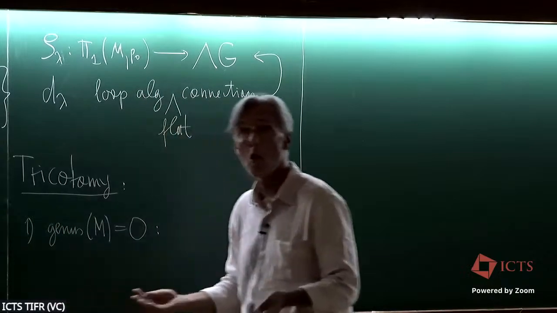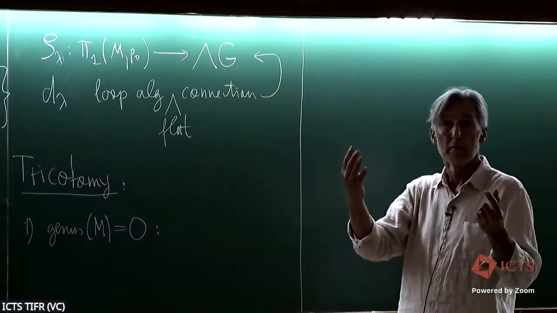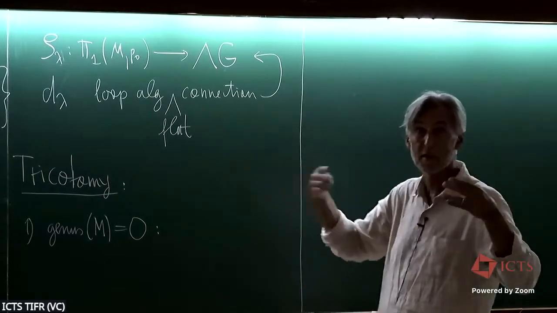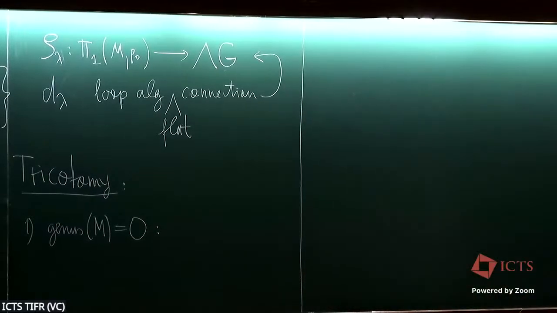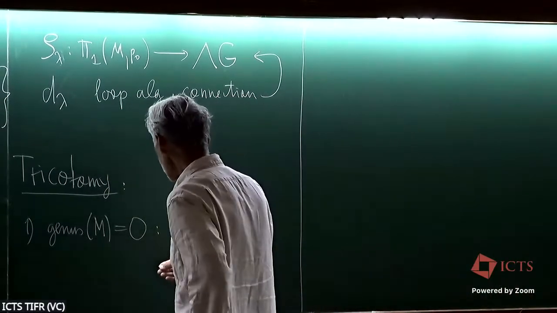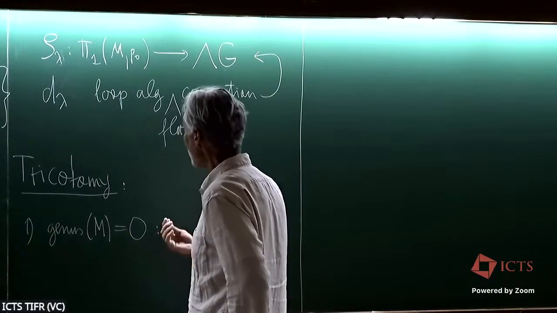You want to know all minimal two spheres in S5, S9, S7, Sn, in CPN, Grassmannians, wherever you are in a compact Riemannian symmetric space, you understand these two spheres. So for genus M equals 0, the situation is actually quite nice.